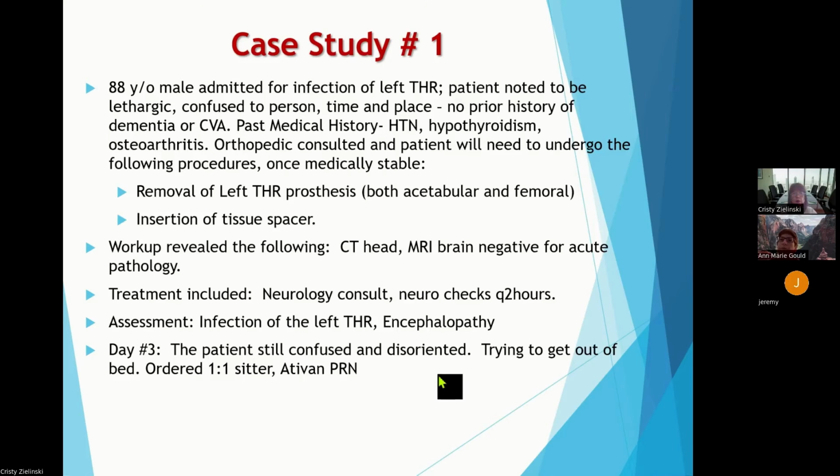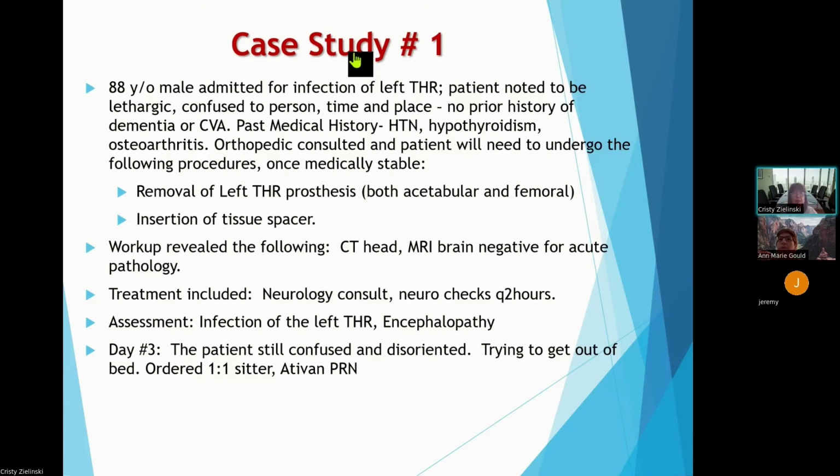The encephalopathy. All right, very good. Encephalopathy, right? Because, go ahead. I was actually looking at it, and it's a surgical infection too. Surgical infection, right?